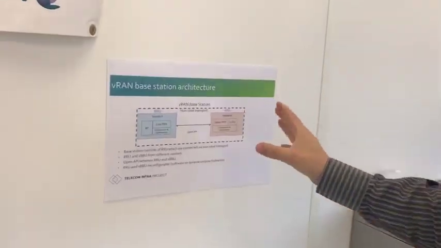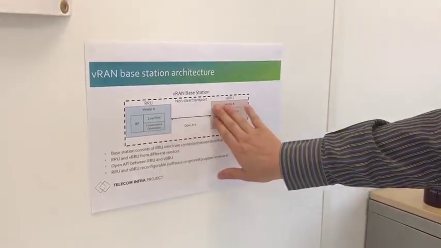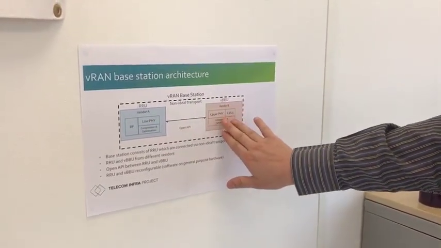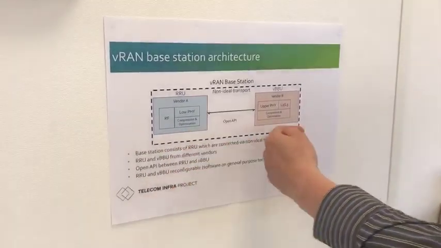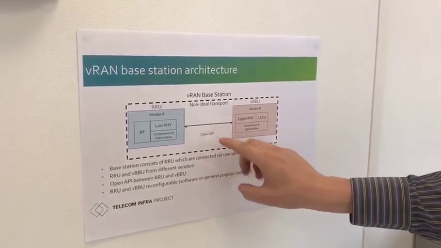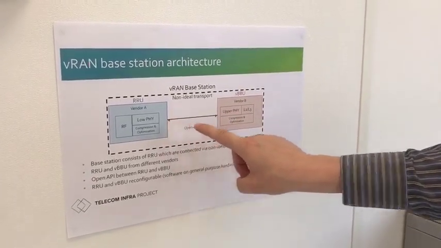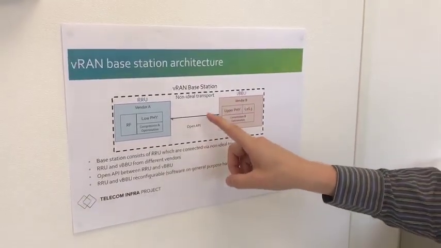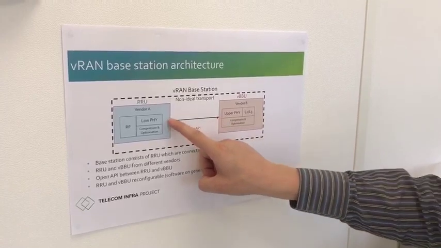So what is the challenge? We're seeing all benefits as we push all of the processing into this baseband unit. The challenge is, the more of the baseband processing we push in that direction, the tougher the requirements on this front haul connection. So this is the transport link between the vBBU and the RRU. And what we're looking at in the TIP project is non-ideal transport. So we don't want a dedicated fibre here.